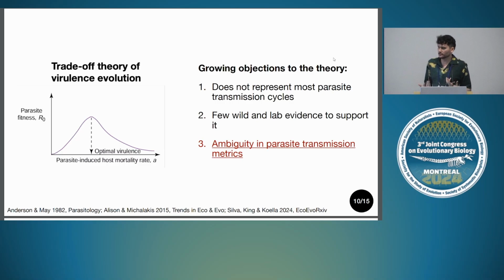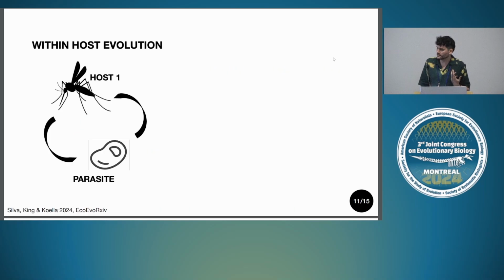All of this is a bit confusing, so that led me, Jacob, and Kyla to write this opinion piece, where we tried to combine all of these into one framework and have a proper nomenclature that everyone can use, so there's no confusion about what transmission is at different steps.